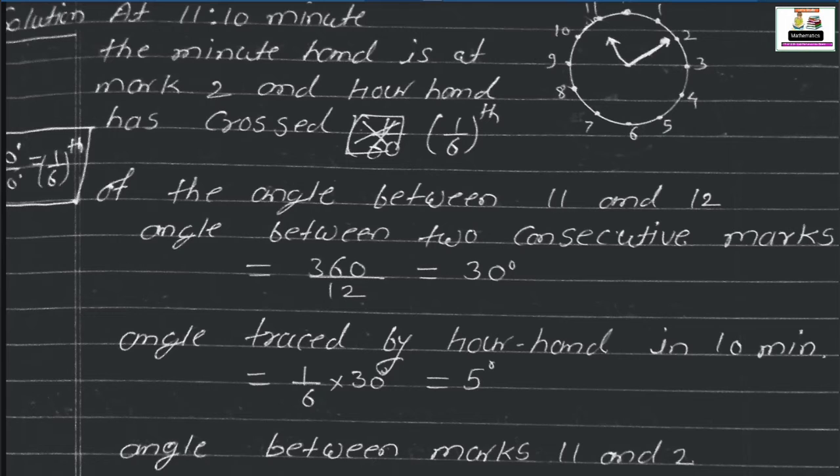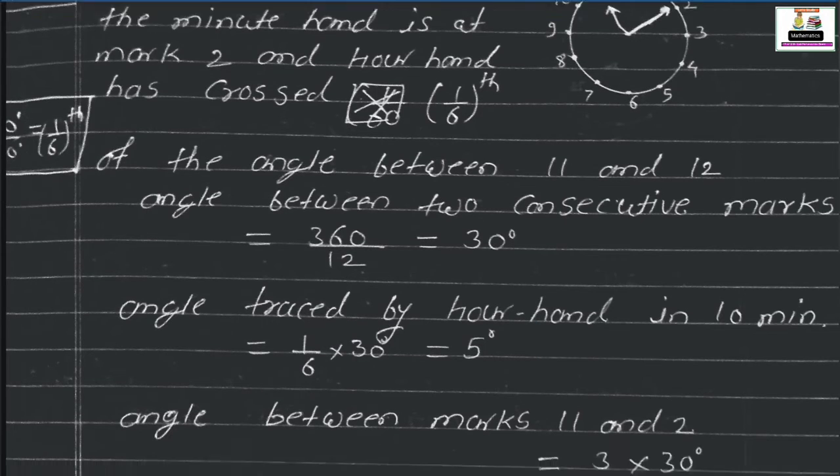One part is 30 degrees. Now find the angle traced by the hour hand in 10 minutes. This is 1 by 6 into 30. Here we get 5 degrees.